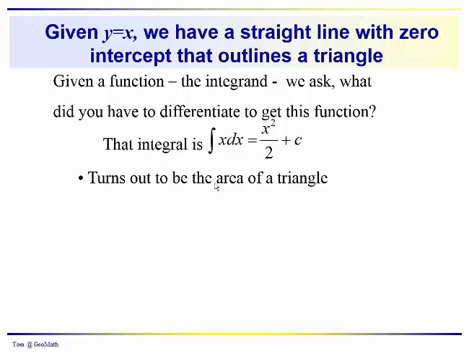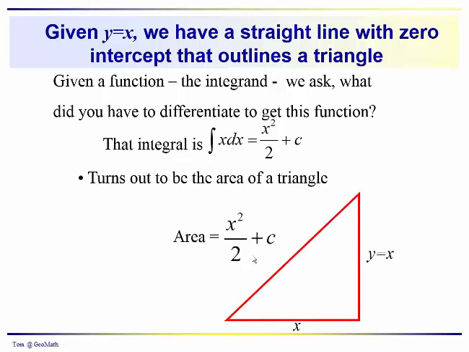The length of the base is equal to the length of the height, and it just turns out to be the area of a triangle. It would be a triangle with a 45 degree angle, and it would look like this. So we have the area of the triangle is equal to x squared over 2 plus c.